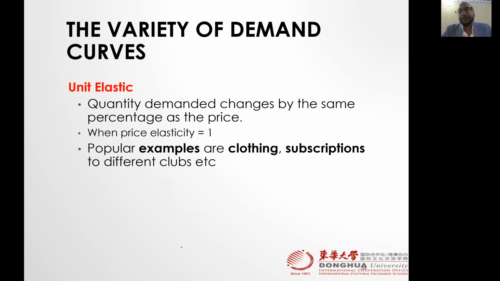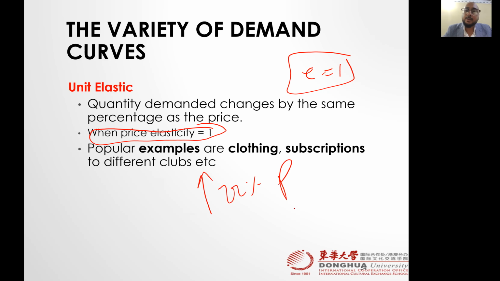Unit elasticity. If the elasticity value is equal to 1, we call this price elasticity of demand unit elastic. Unit elasticity is equal to 1, in which a 22% increase in price causes exactly a 22% decrease in quantity demanded.